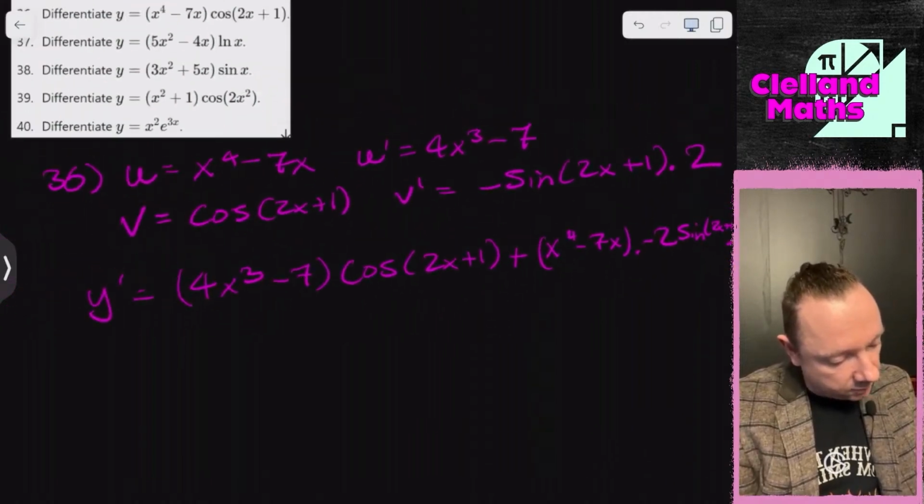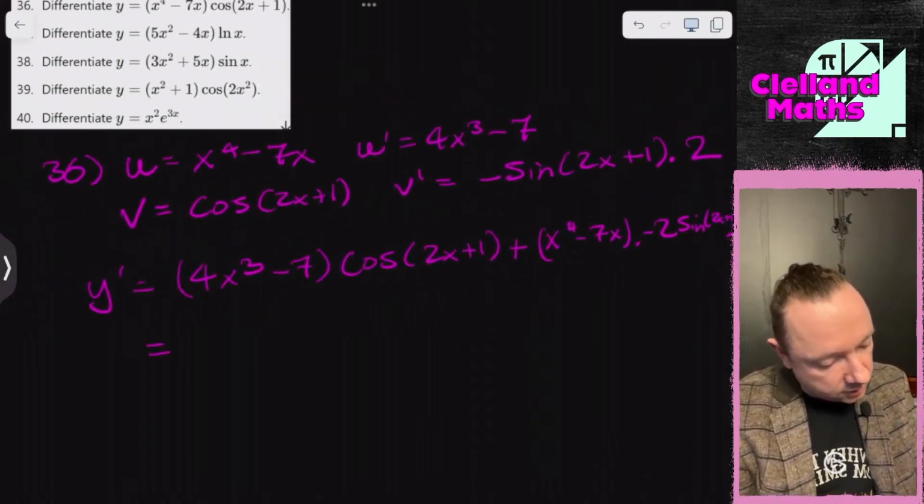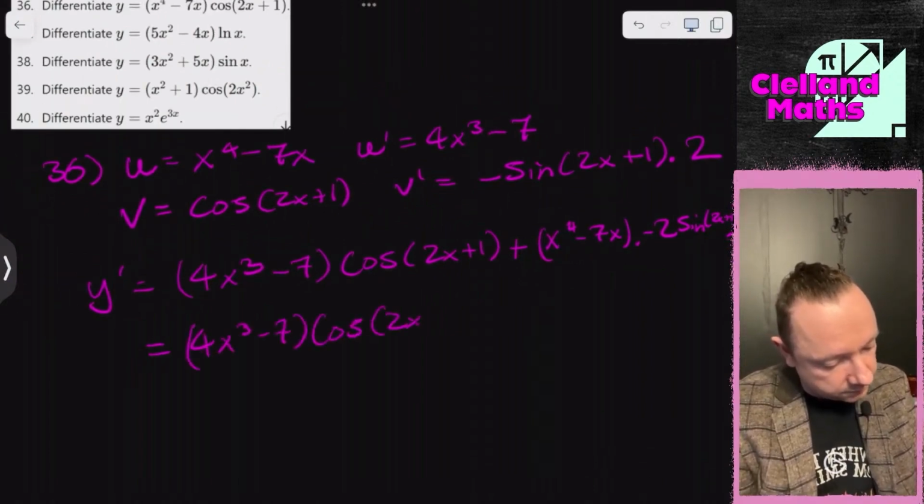Right, we'll tidy that up slightly, I suppose. (4x cubed minus 7) cos(2x plus 1) minus 2(x^4 minus 7x) sine(2x plus 1). I'll just put an x here. I was thinking x cubed minus 7 sine(2x plus 1). Done.